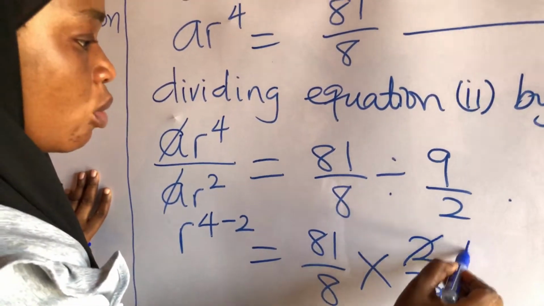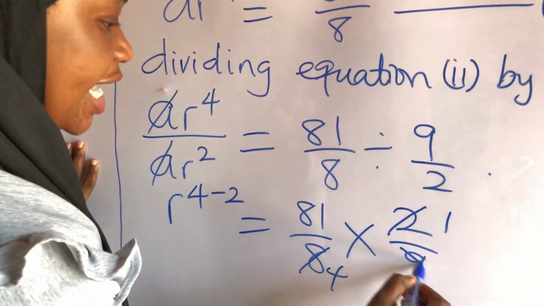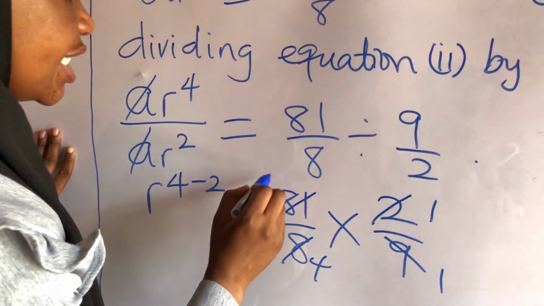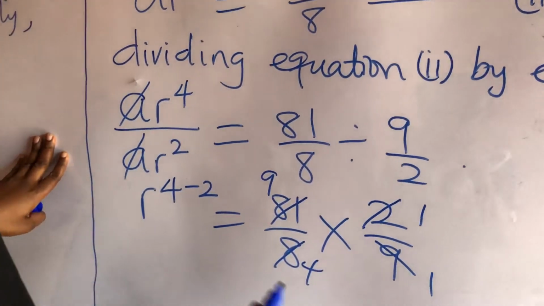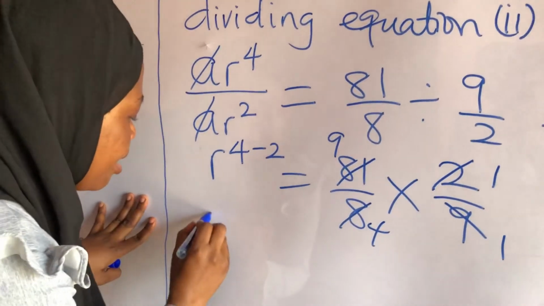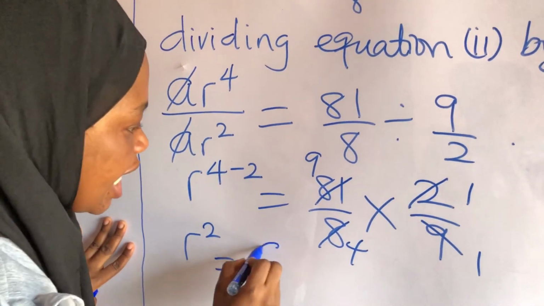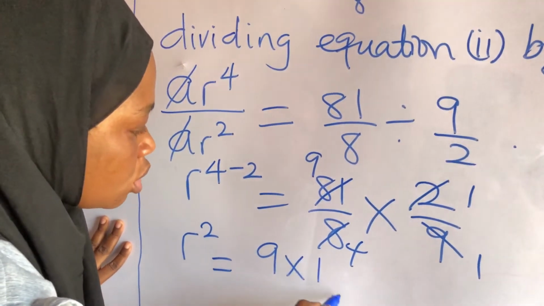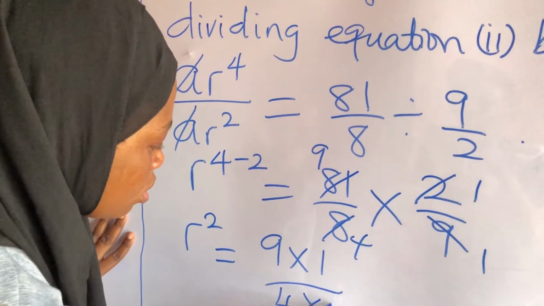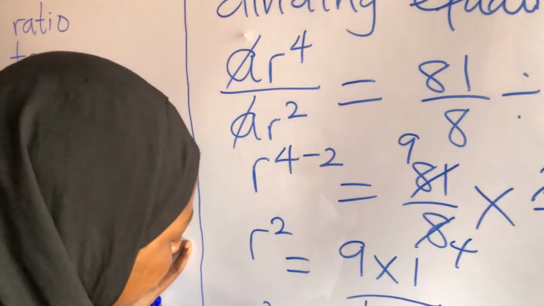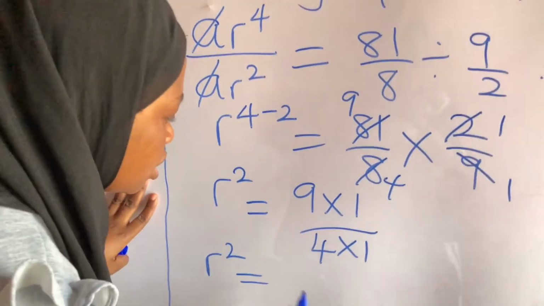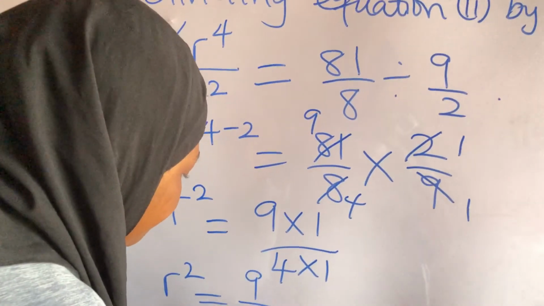So 2 into 8 is 4, 9 into 81 is 9. So R to the power 4 minus 2 is equal to 9 multiplied by 1/4 multiplied by 1. So R squared is equal to 9/4.